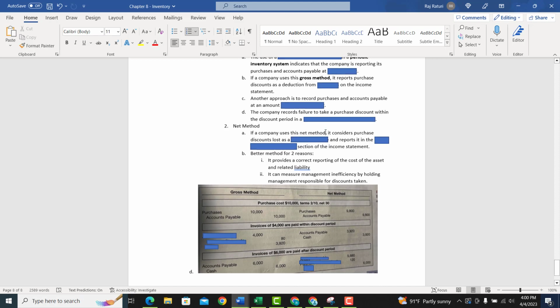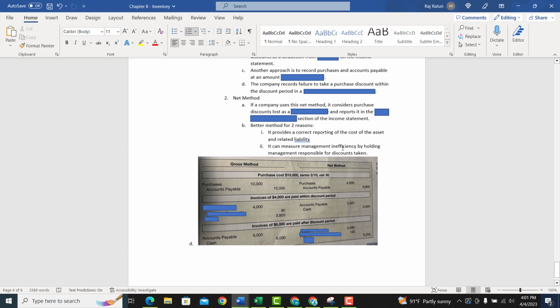If a company uses the net method, it reports purchase discounts lost as an expense of some sort, other expenses and losses. It's the better method for two reasons. It provides a correct reporting of the cost of the asset and related liability. It can measure management's inefficiency by holding management responsible for discounts taken.